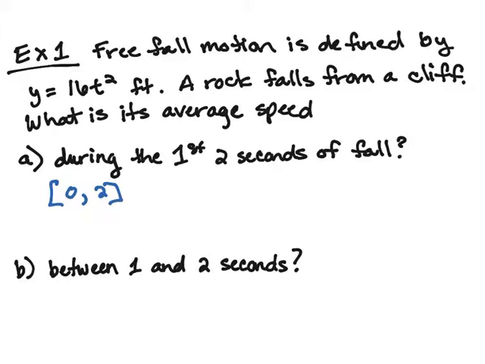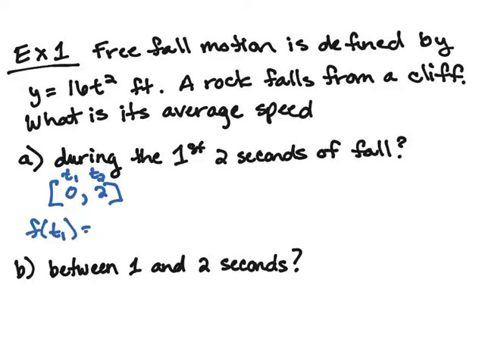Okay, so now I'm using t's instead of x1 and x2, but it's going to be the same formula. So this is going to be my t1, this is going to be my t2. My f of t1, I evaluate the function at 0.